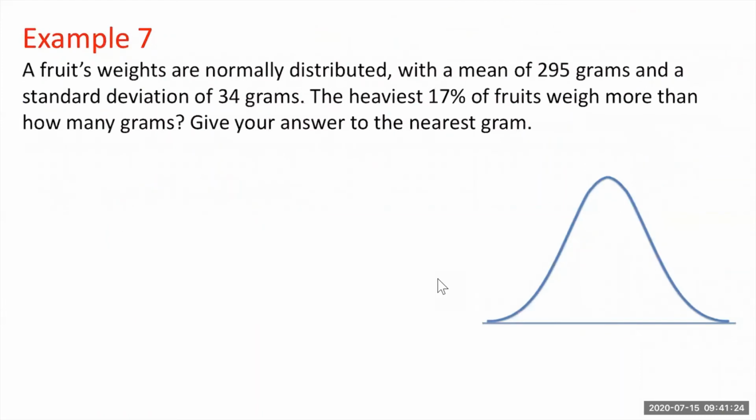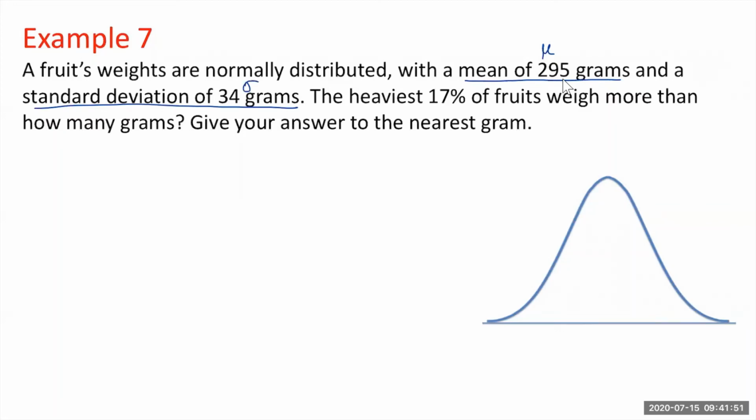Here is that example. Example 7 in your note catcher. Fruits' weights are normally distributed with a mean of 295 gram. That is your mean. And standard deviation 34 gram.